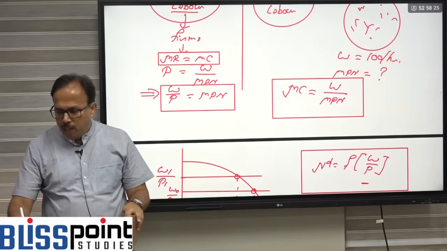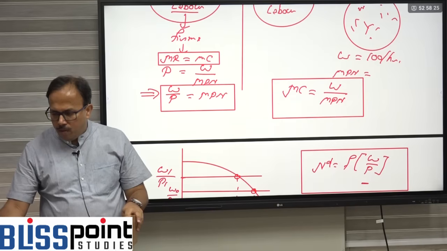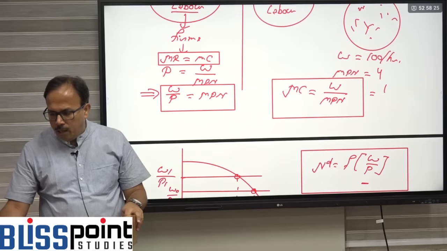Like if I write that the MPN is 4, तो ये 100 upon 4 हो जाएगा, 25 per unit आ जाएगा.